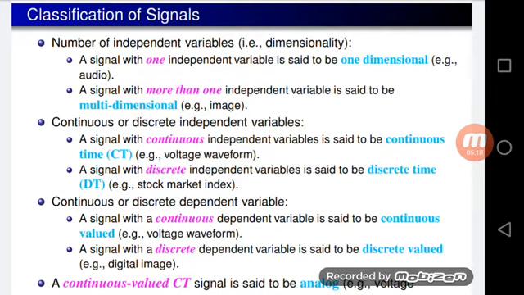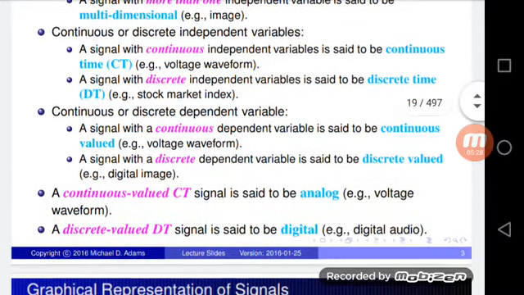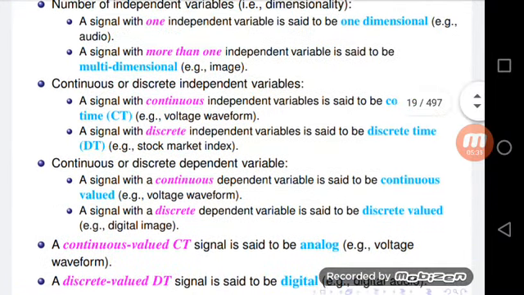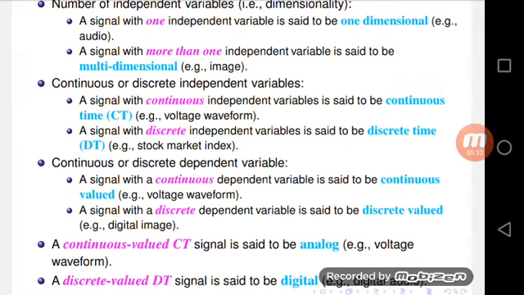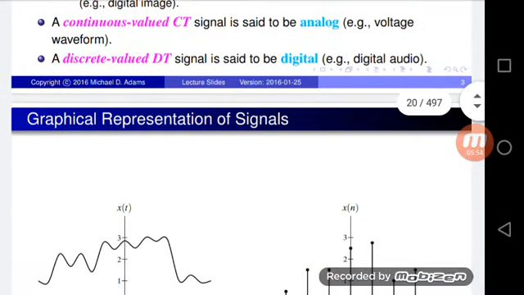Continuous signals are known as continuous time signals, CT, and discrete ones are known as discrete time signals. Then, for continuous or discrete dependent variables, a signal with a continuous dependent variable is said to be continuous valued. A signal can be in the form of either analog or digital. We are discussing this clearly below.